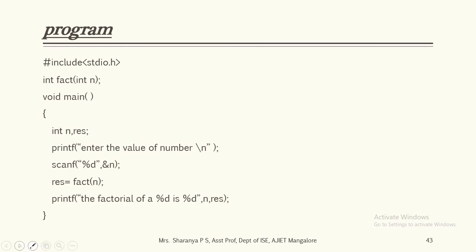Now we'll try to figure out how we can write the function factorial. This is what is written in the main. Now when a program is written like this, it will start execution from the main, and it will find the function call here.